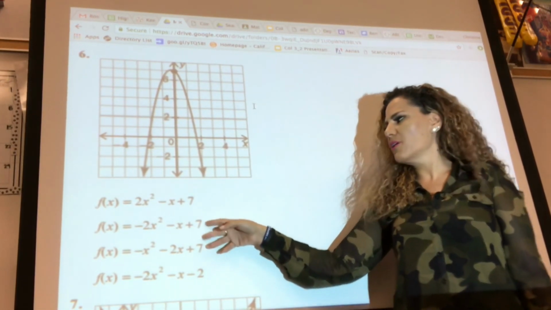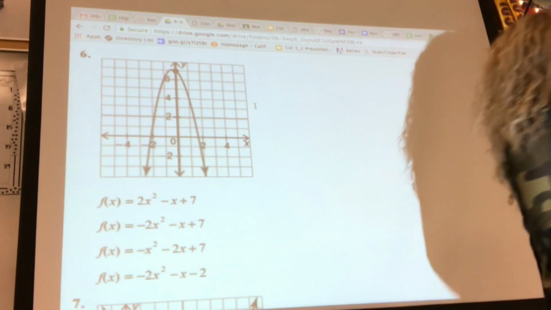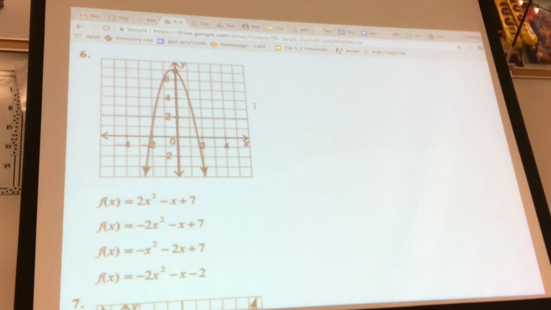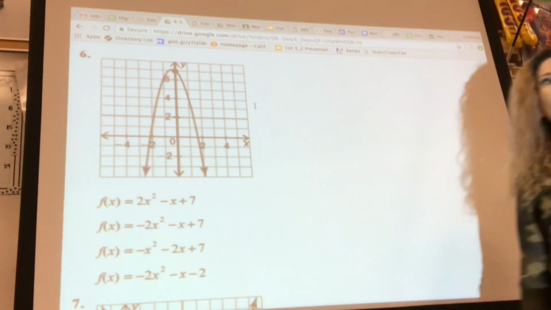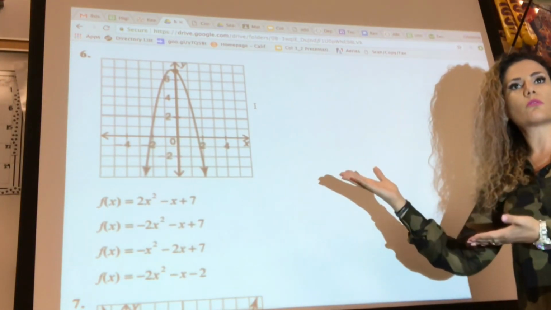How can I figure out which one of these it is, though? Eeny, meeny, miny, moe. Let's take a guess, 50 chance. How can I figure it out? Remember yesterday we did the dog passing through, right? So how about we pick a point that it passes through and see if it works.